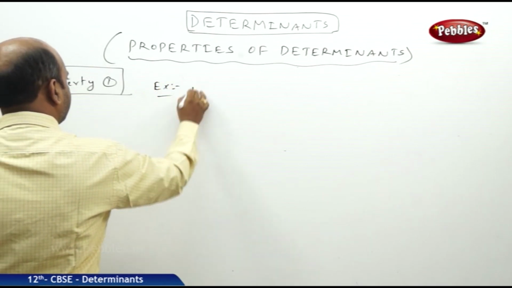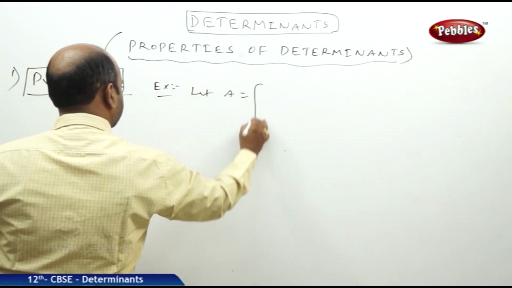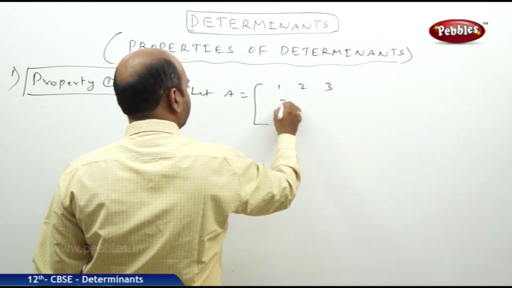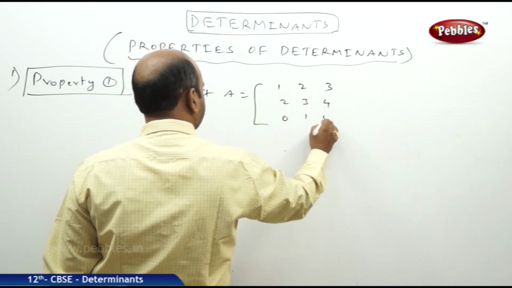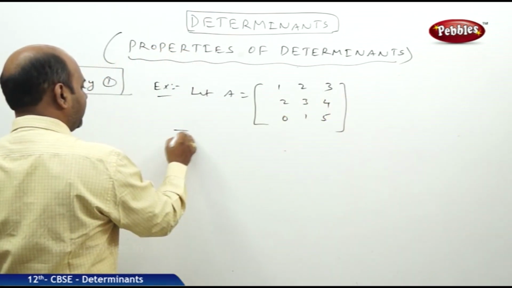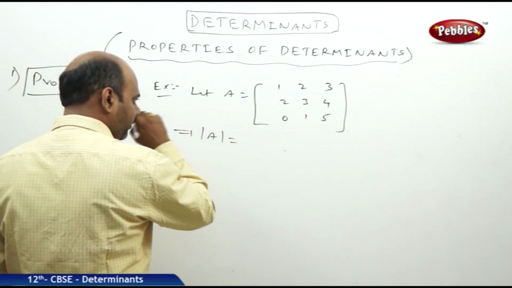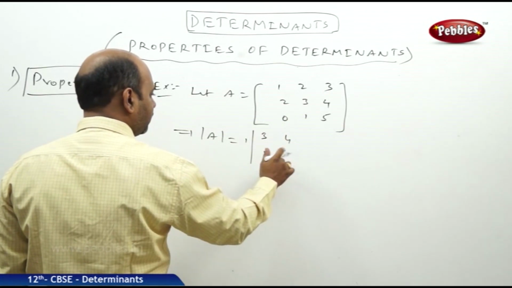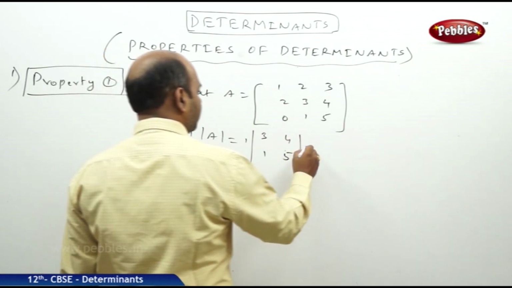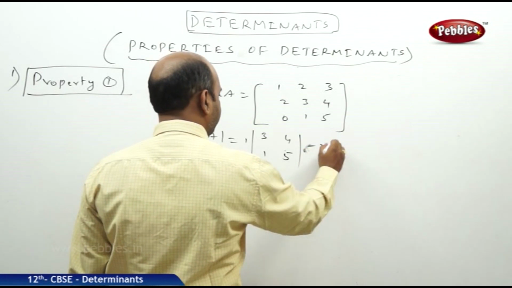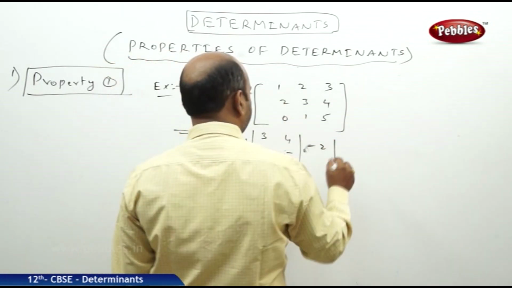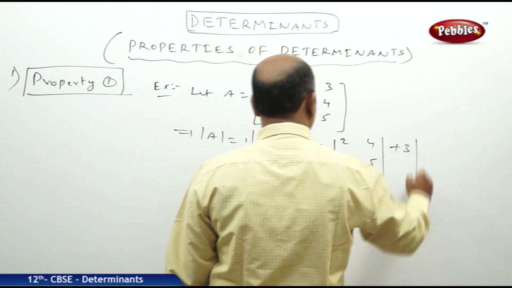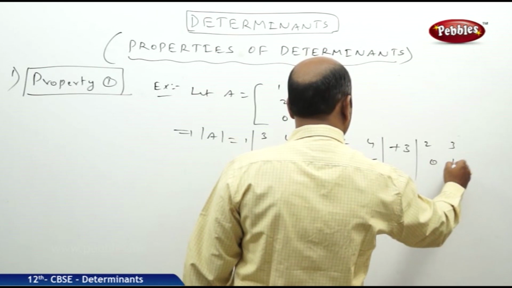Example: let capital A be 1 2 3, 2 3 4, 0 1 5. I try to find its determinant. 1 into its minor 3 4, 1 5, minus 2 into its minor 2 4, 0 5, and plus 3 into its minor 2 3, 0 1.